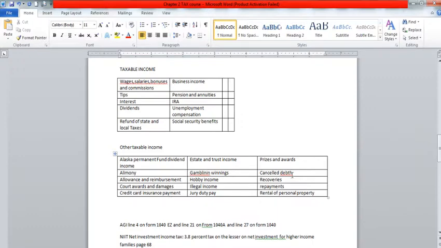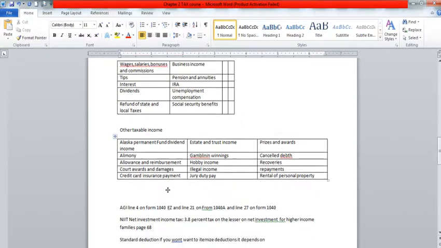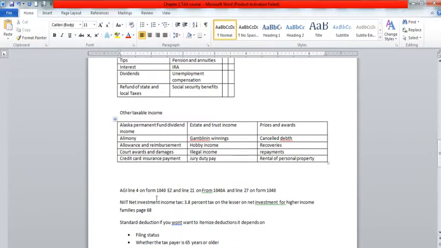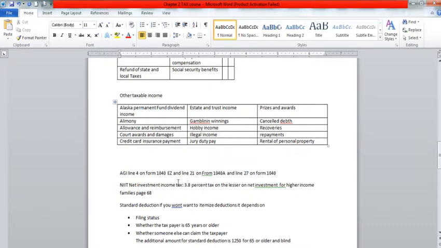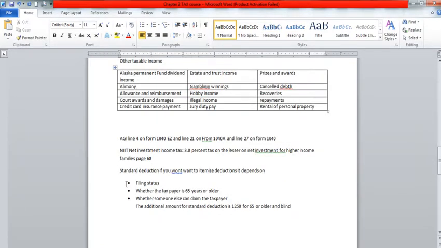Other taxable income is right over here in the box below, as you can see. AGI, line 4 on Form 1040EZ, line 21 on 1040A, and line 27 on 1040. These tell the tax preparer which line to put it on, because every form is different. It's 1040, 1040A, 1040EZ, so depending on the form, that's the line you have to put it in.